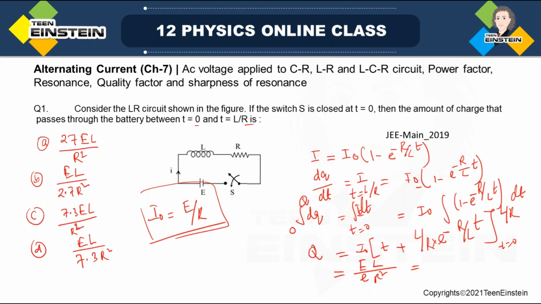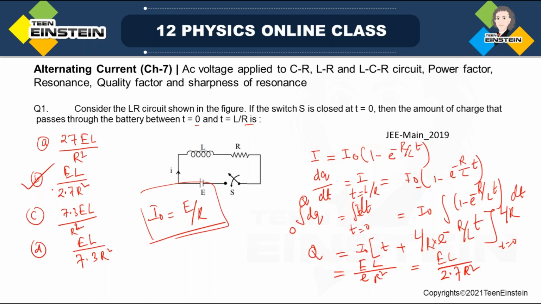So this e is the exponential term, 2.7. So the charge is EL divided by 2.7 R square. You can see in the figure here, option B, EL by 2.7 R square.